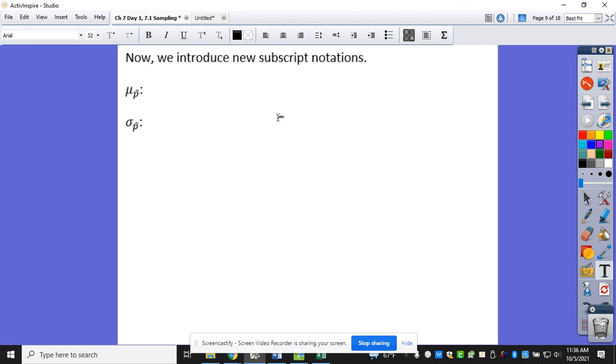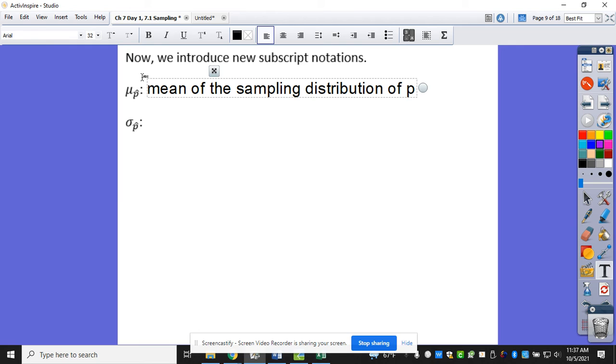So this is the mean, and I just want you to write this first one: mean of the sampling distribution of p hat. That's what we did today. When we made our graphs, each of our dots was a p hat. And if we found a mean of all of our dots that were p hats, that's the mean of the sampling distribution of p hat.